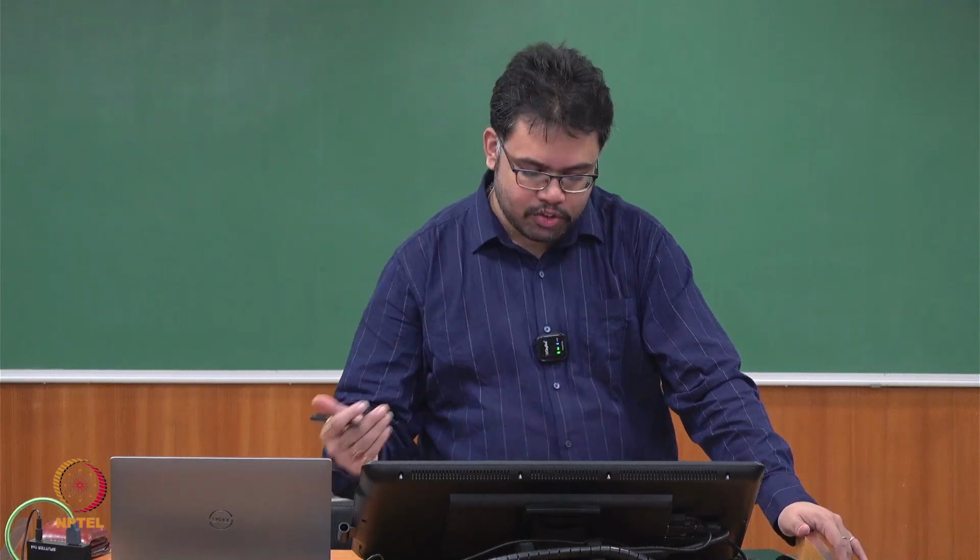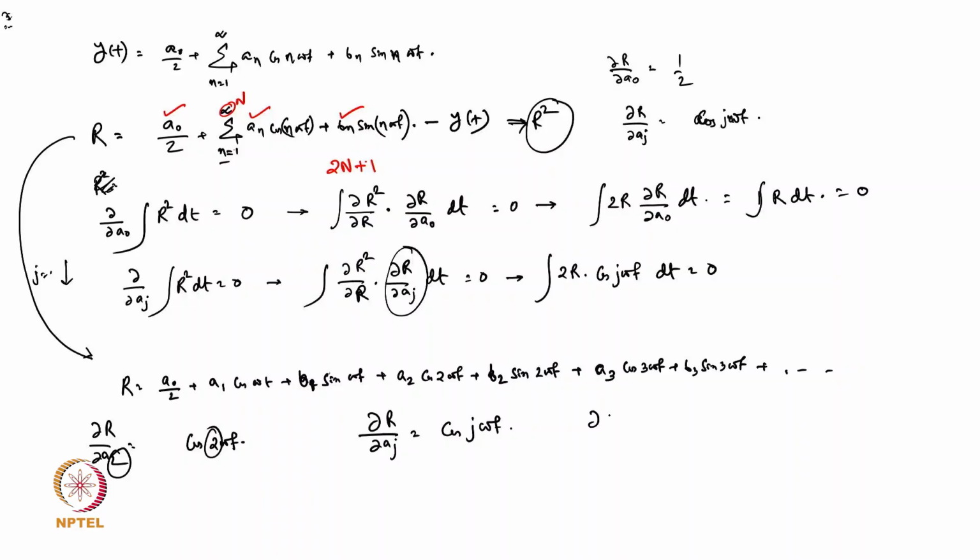Okay, clear? Also, if you do similarly for del B3, you will get sin 3 omega t. Please check those two notations. So del R by del Bj will be equal to sin j omega t.